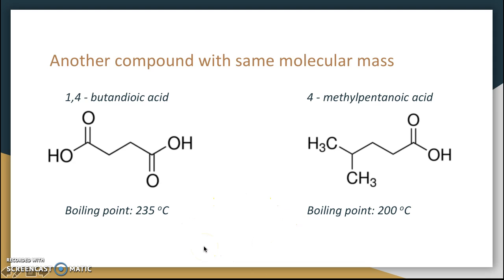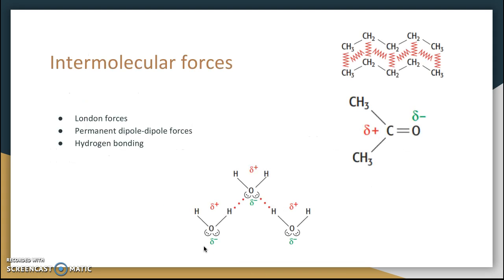And at last, there is the strongest bond, which is the hydrogen bonding, which we see here, which is created between the hydrogens bonding to an oxygen. So when hydrogen bonds to an oxygen, that's the strongest kind of intermolecular force.